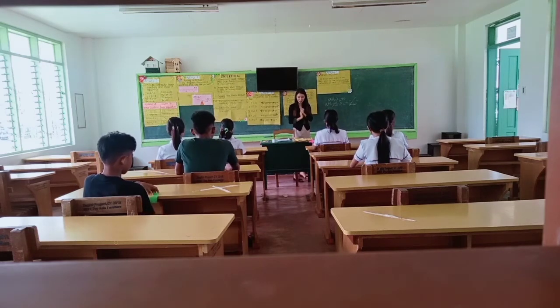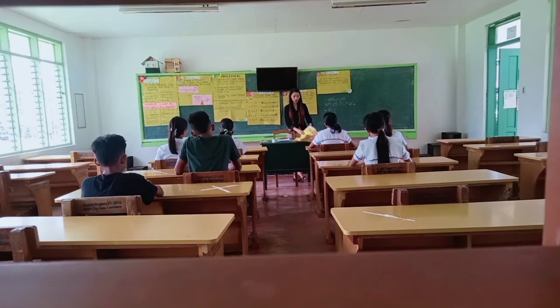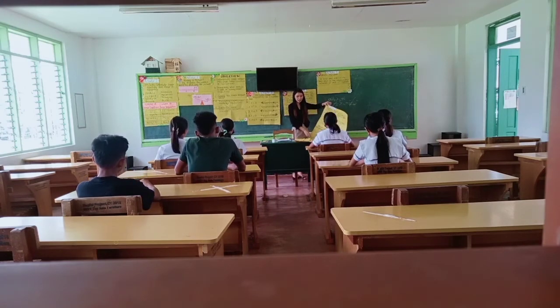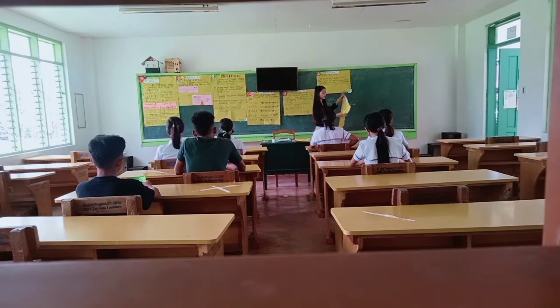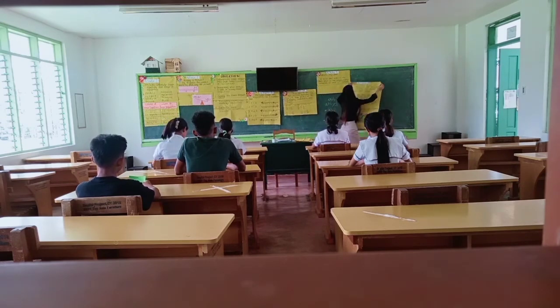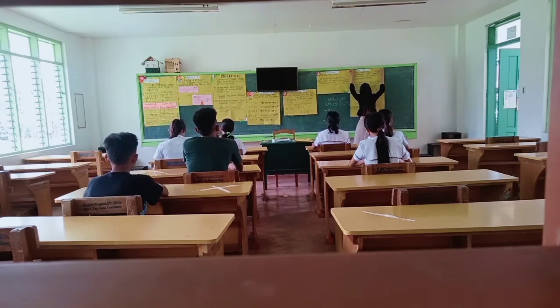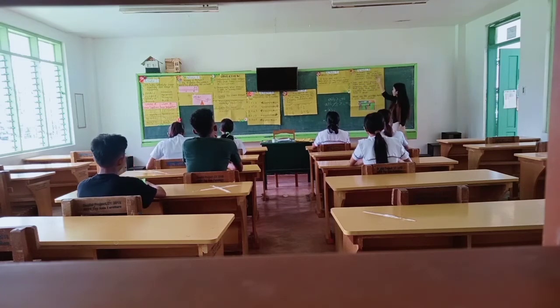Very good job, Lloyd. Okay, for our last and final activity, a real life problem to connect our topic. So here is the problem. Read and analyze the problem carefully and answer the following question below.